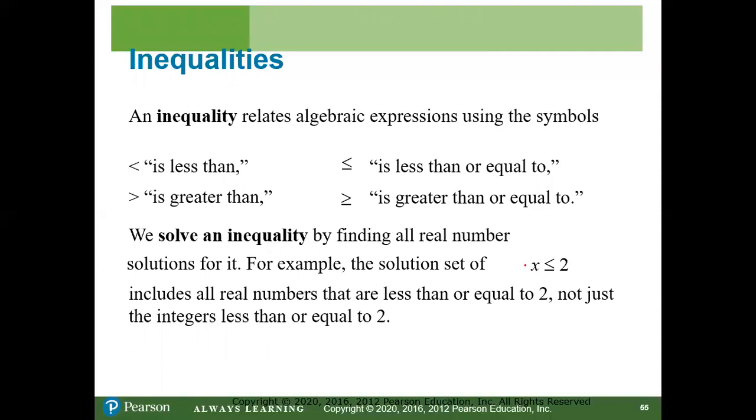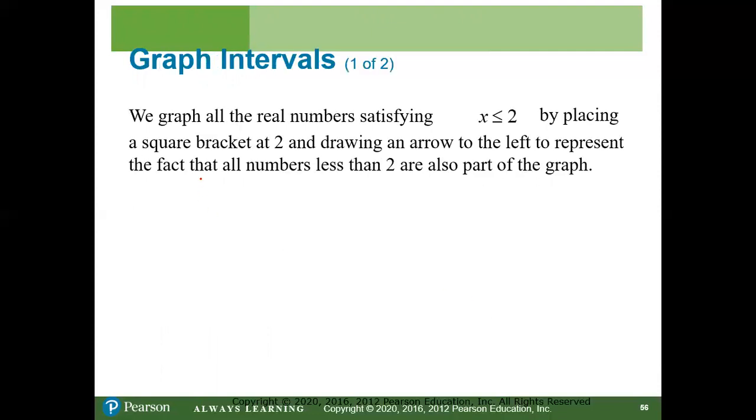You can keep going until you're blue in the face. So there are infinitely many solutions, which means we're going to have to come up with a clever way to write these answers. We can't just keep writing the numbers down. That wouldn't make us very happy to do. All right. So what we do is we graph these solutions, or we use something that's called interval notation, which we'll talk about in a minute.